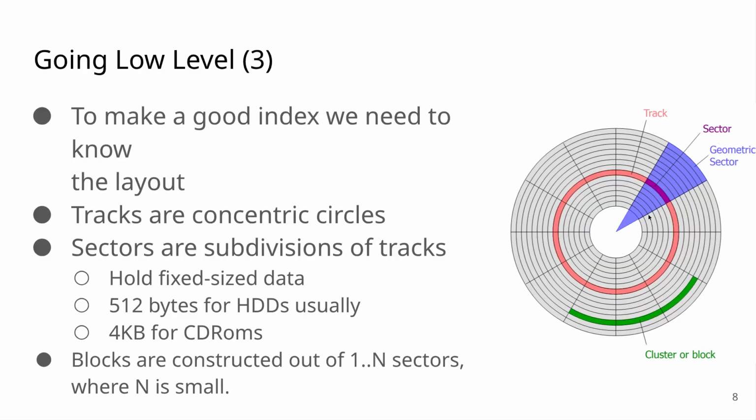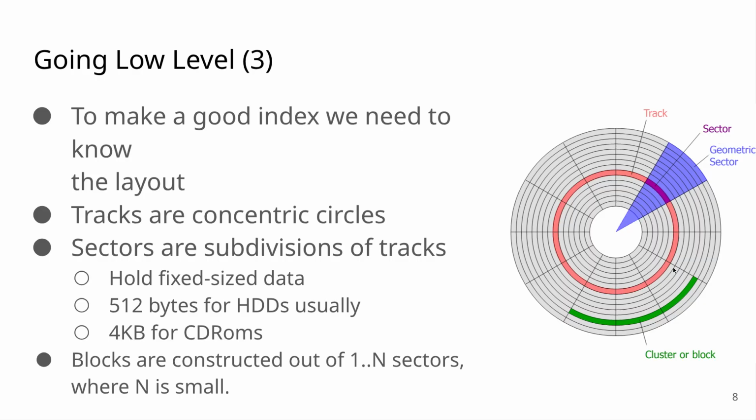So to have an idea of some terminology here, for example, we have the geometric sector here that is colored in this bluish hue. And the geometric sector is just an area between two different angles, right? From angle phi1 to phi2, there's this geometric sector.